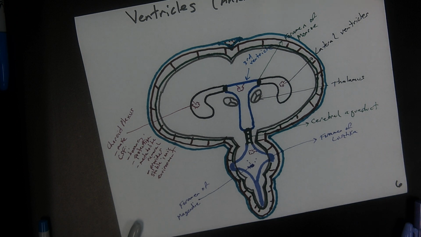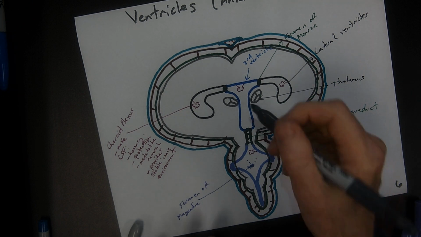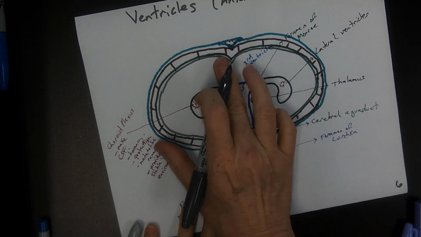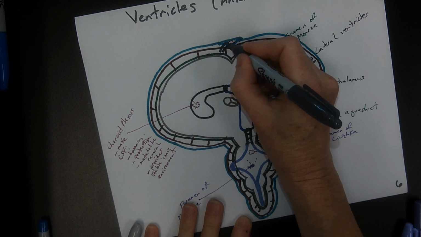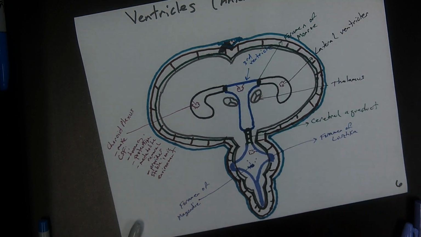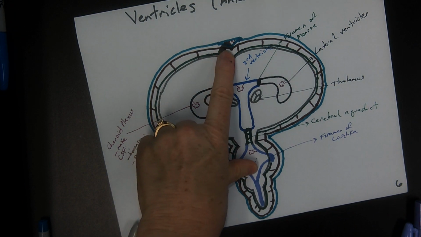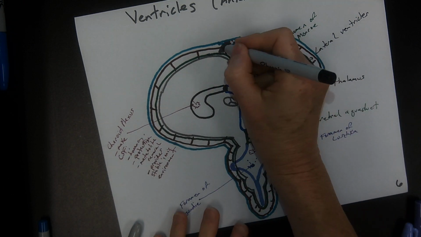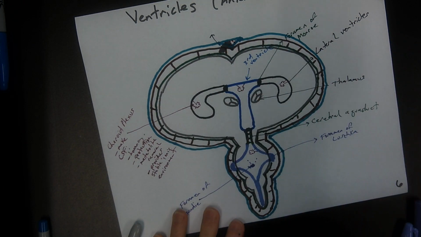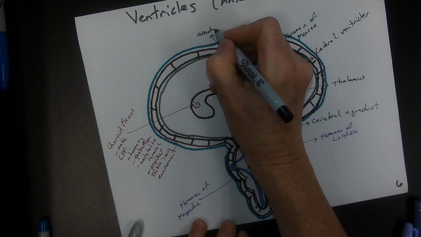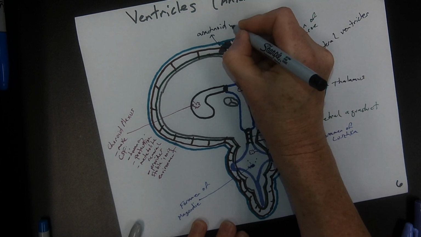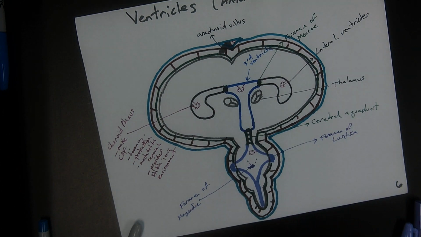But it turns out that there are special structures that reside within the subarachnoid space that are involved in draining the CSF from the subarachnoid space into the superior sagittal sinus. And these structures are known as arachnoid villi. I'll say villus for one. Arachnoid villus.